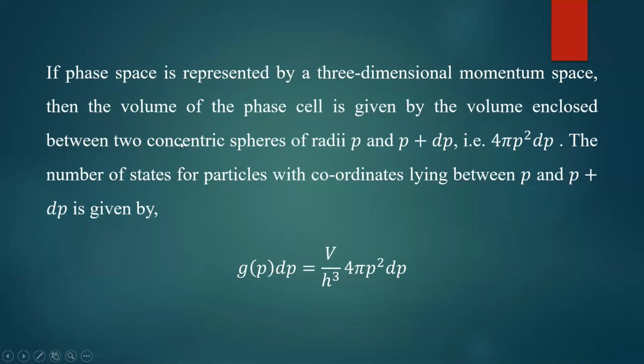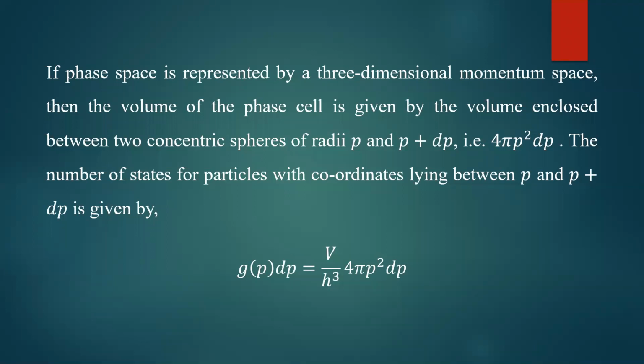The volume enclosed by two concentric spheres of radius p and p plus dp is given by 4 pi p square into dp. So the phase cell in momentum space is represented as a sphere.